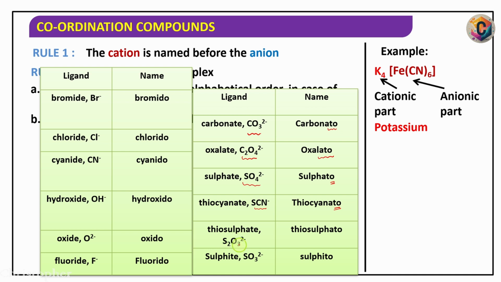Thiosulfate, S2O3 2 minus, changed into thiosulfato. Sulfite, SO3 2 minus, changed into sulfito. Just remember this: if you have any anionic ligand, the name has to end with O. So here I have cyanide, and since it is an anionic ligand, I have to change the name into cyanido.